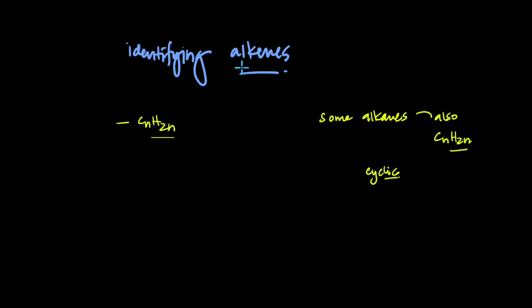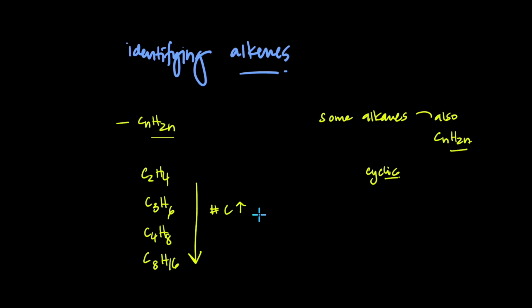Now, alkenes and alkanes or any organic compound, only the very small ones are gases. If you're wondering, are they all gases? No, they're not all gases. As they get larger, let's understand why. If I increase the number of carbon atoms, as the number of carbon atoms increases, what happens?